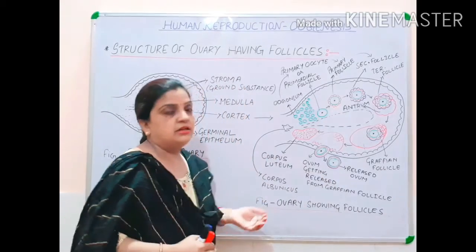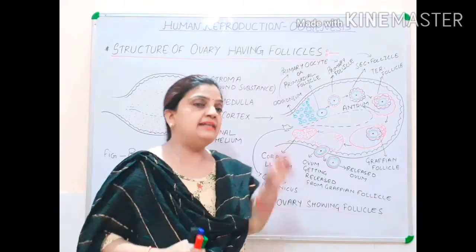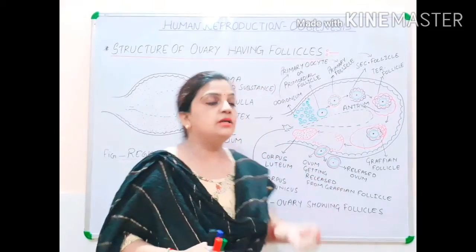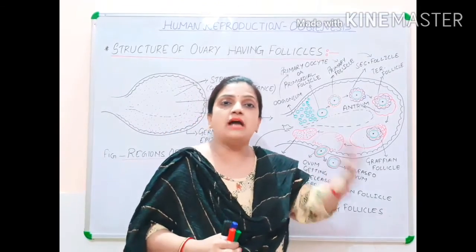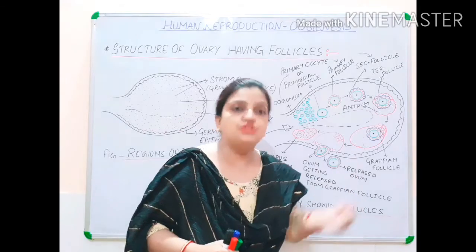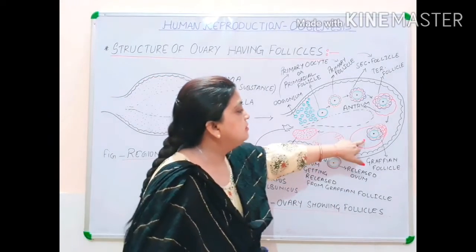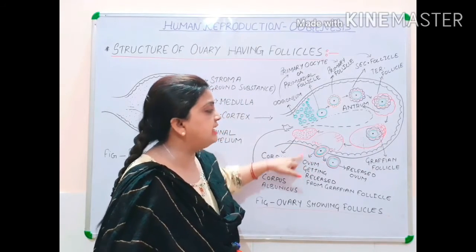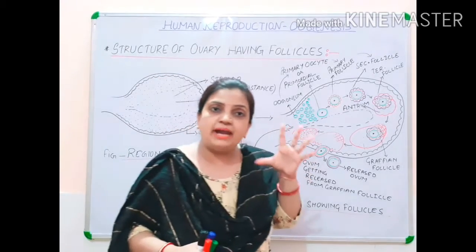Now what happens when the Graafian follicle is formed and inside the Graafian follicle your mature ovum is formed. Now the time comes when it has to be released out into the fallopian tube. So what happens, children, is that from the Graafian follicle the ovum gets released and this ovum is captured by the fimbriae.